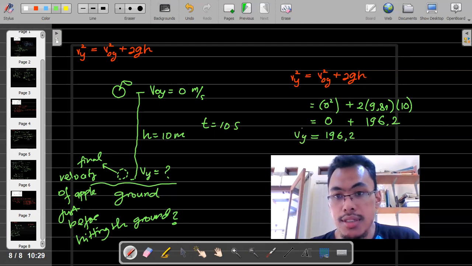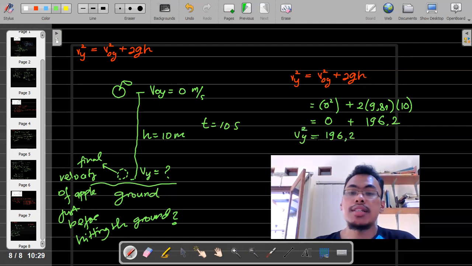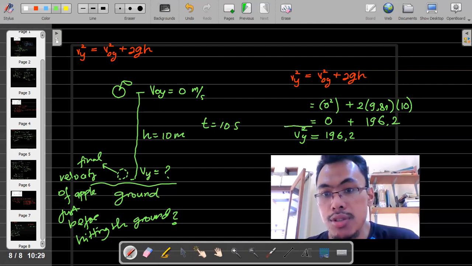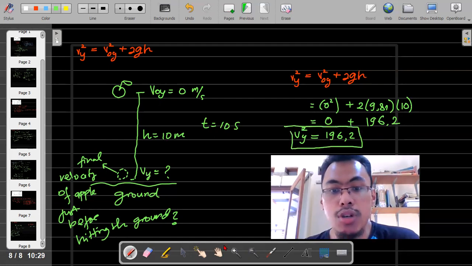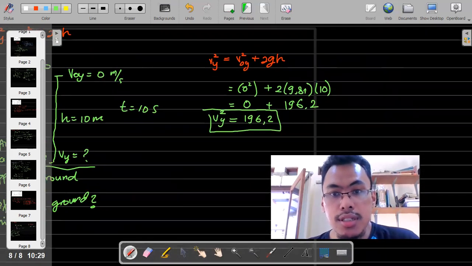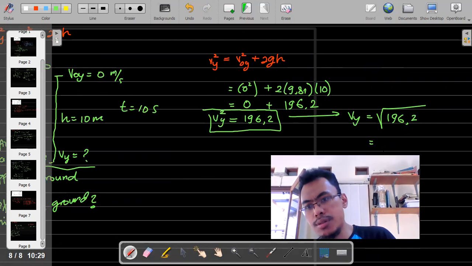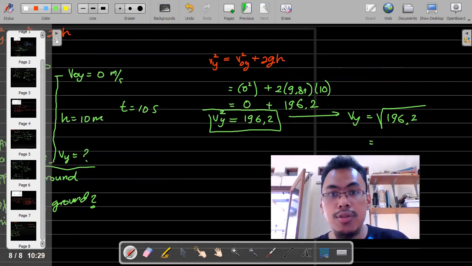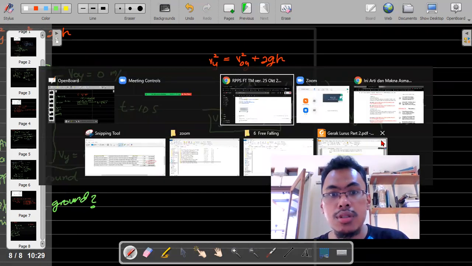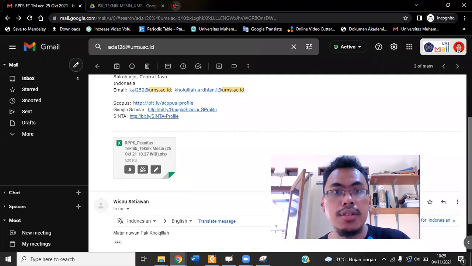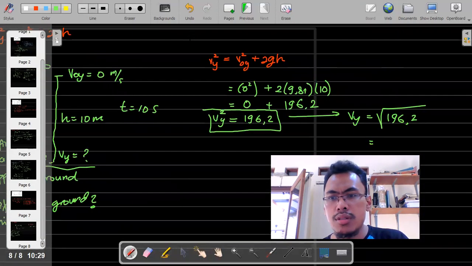But this result is still in the form of square, so we have to find the square root of this number. So Vy equals the square root of 196.2. How to find this? I think I have to use the calculator.